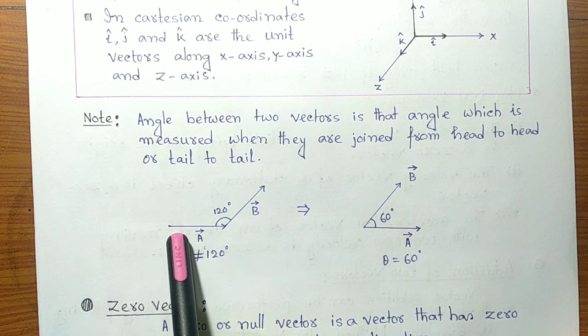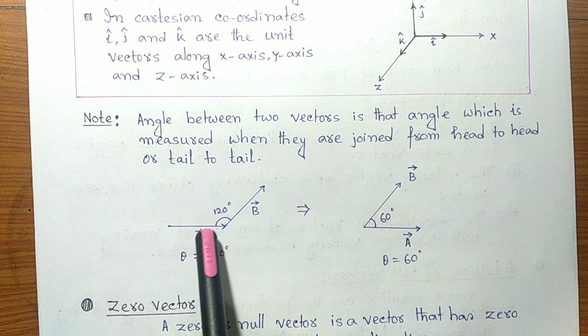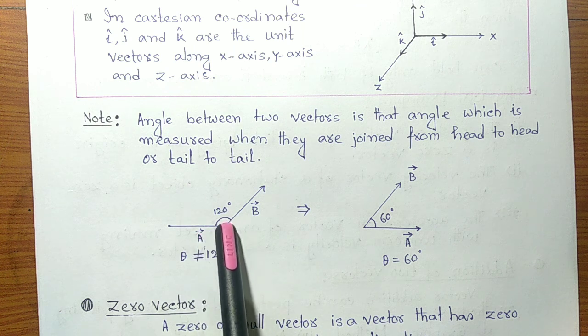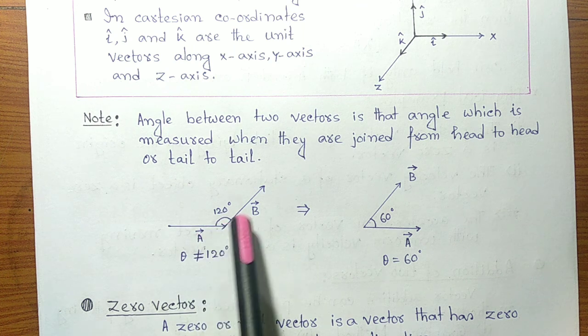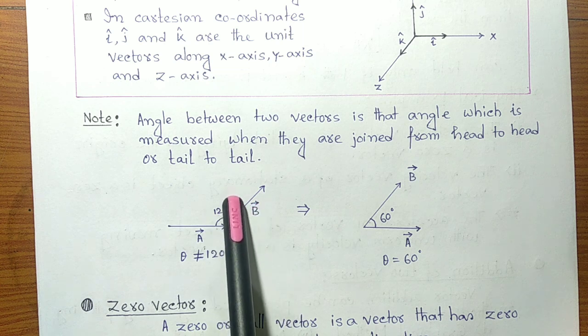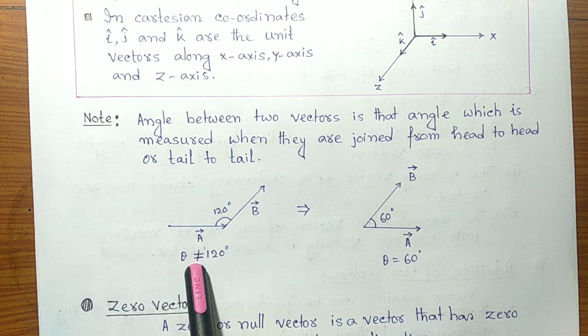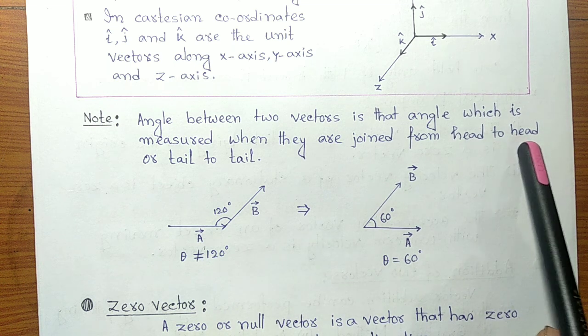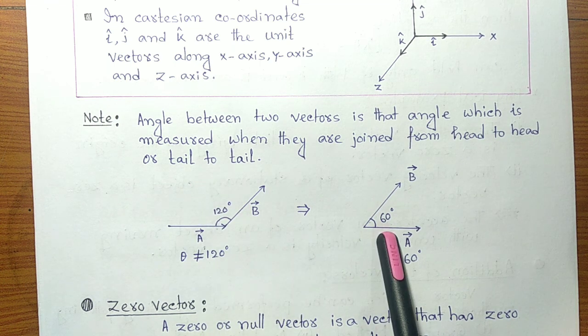Now here this is the head of A and this point is the tail of B, and the angle is 120. This is not possible. We can take the angle between two vectors only when they are joined head to head or tail to tail.